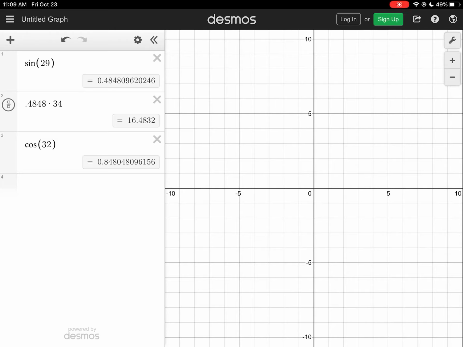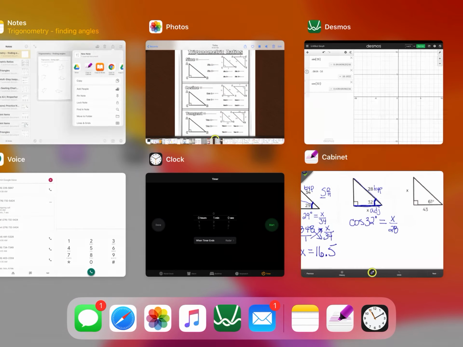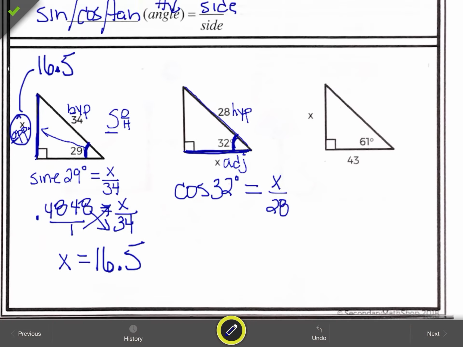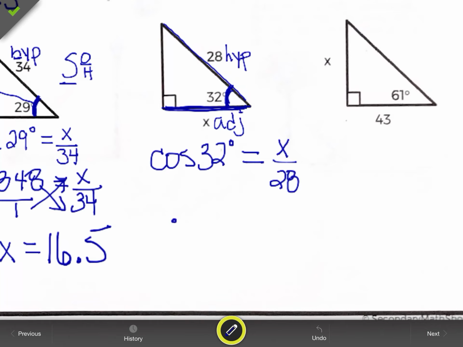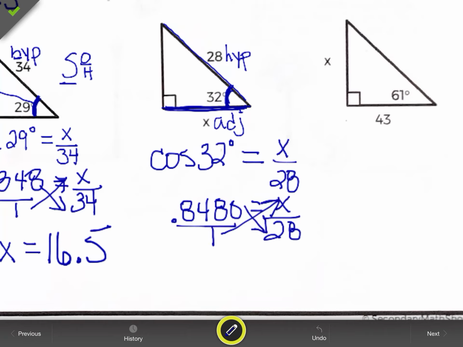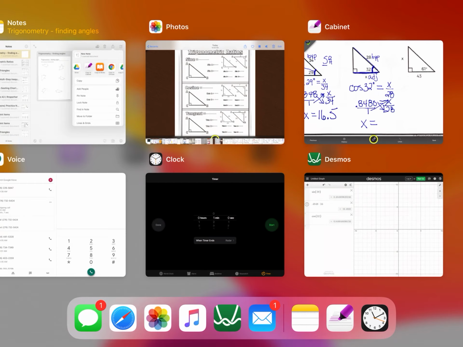Okay, 0.8480. That gets rid of the word, and now I just have a weird-looking algebra equation. Put this over 1, cross multiply. 1 times x, x. 0.8480 times 28.